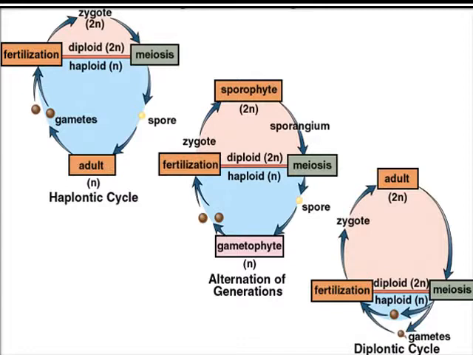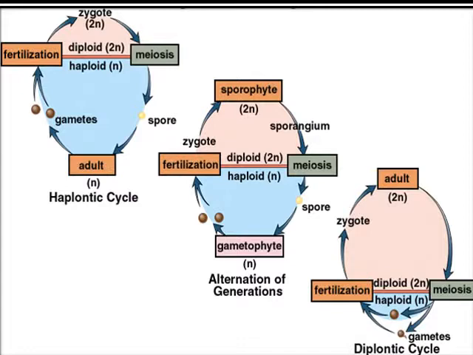Now just come to the last diagram, where diplontic life cycle is written. Here you can see that the adult is diploid, that is, it has 2n number of chromosomes. This adult goes through meiosis and produces gametes. As it goes through meiosis, the gametes formed will have n number of chromosomes. Now when these combine, they do fertilization and form a zygote.